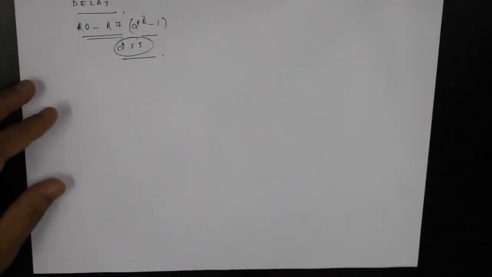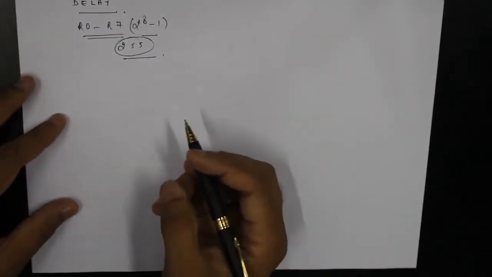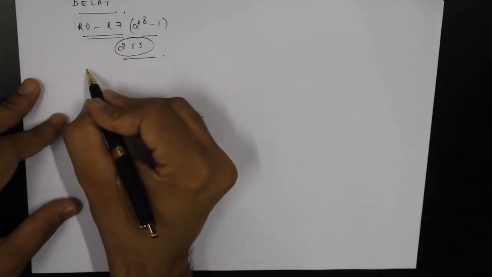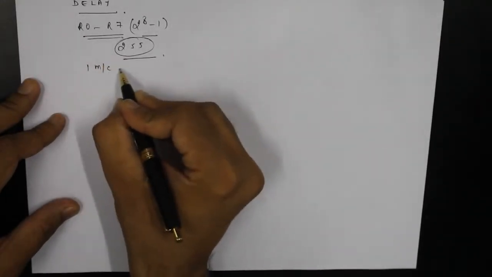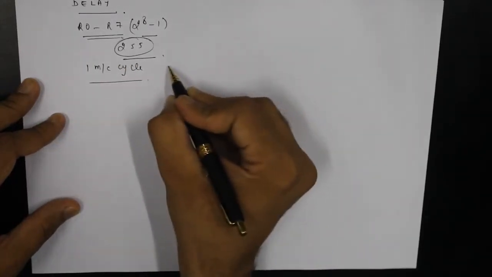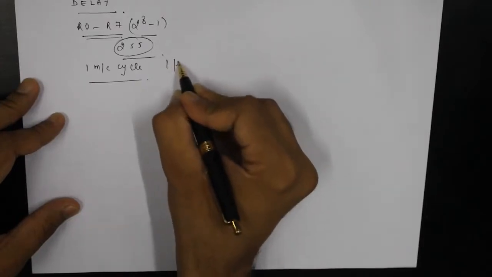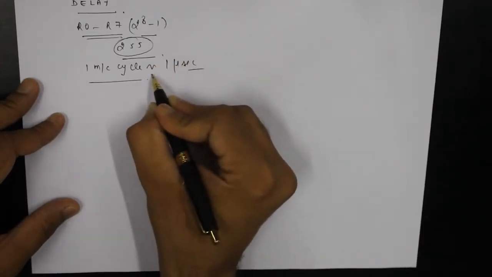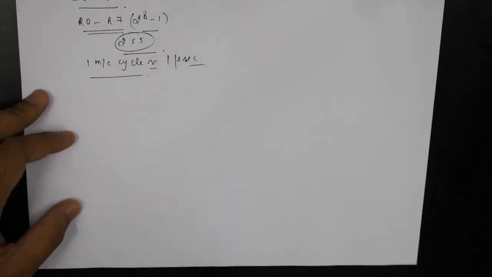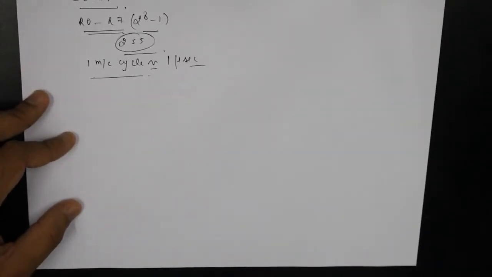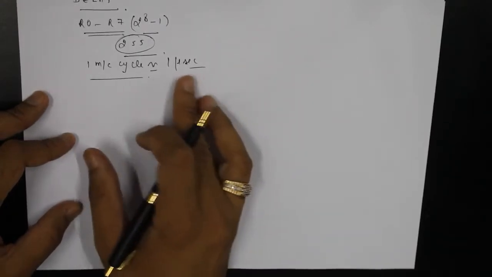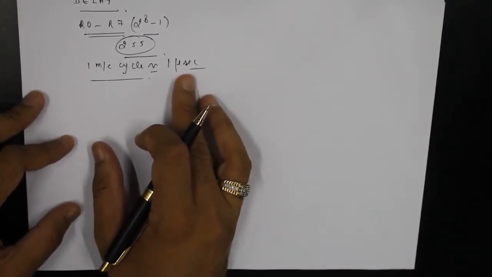So we are going to generate some delay. First of all, you must understand that for every one machine cycle, you will have a time delay of approximately 1 microsecond. It strongly depends upon the crystal frequency that you are using. In case you are using an 11.0592 megahertz crystal, then it will be close to 1.085 microseconds.